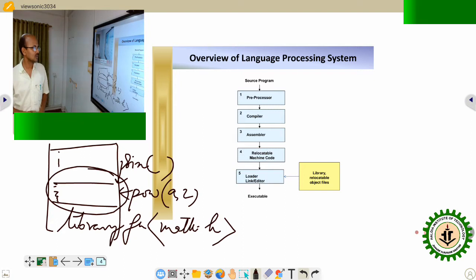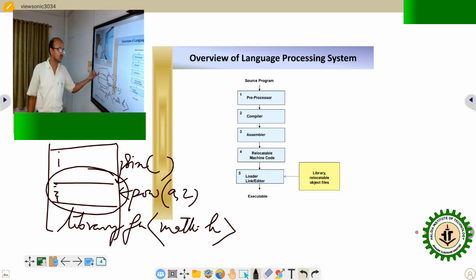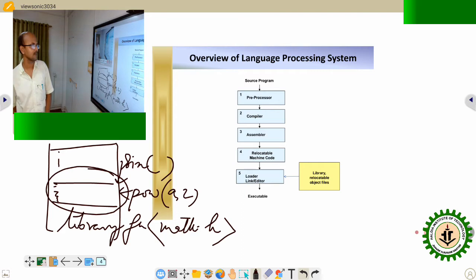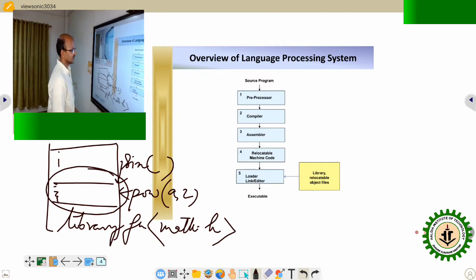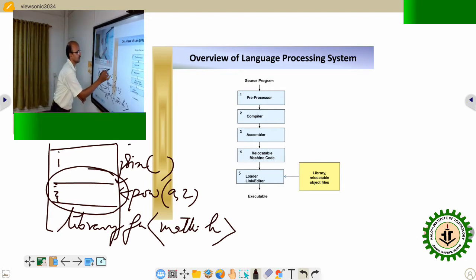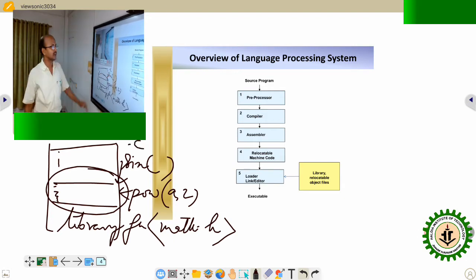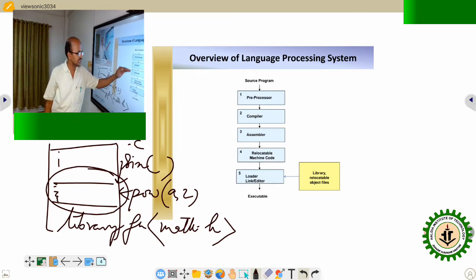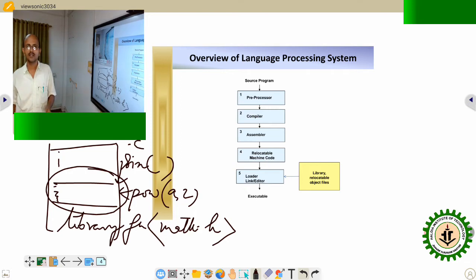Based on the availability of memory, the executable code will be loaded into the memory, and only then can we say this is the process. So we have the input source program written in the high level language. If you are writing a C program, it will be written in .c, and after a number of stages like pre-processing, compilation, assembly, and loading and linking, it must be converted into the exe code.